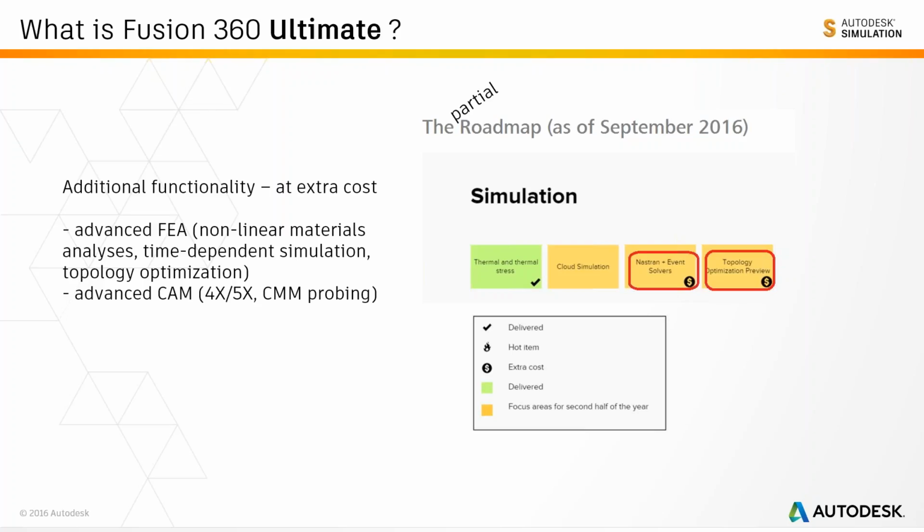So in terms of simulation, we're looking at existing capabilities, static stress, linear static stress, modal analysis, thermal and thermal stress, cloud simulation, and there are some opportunities here to enhance the capabilities through extra functionality, like event simulation, time-based, shape optimization, Nastran solvers, as well as on the CAM space, 4 and 5 axis machining and CMM probing.